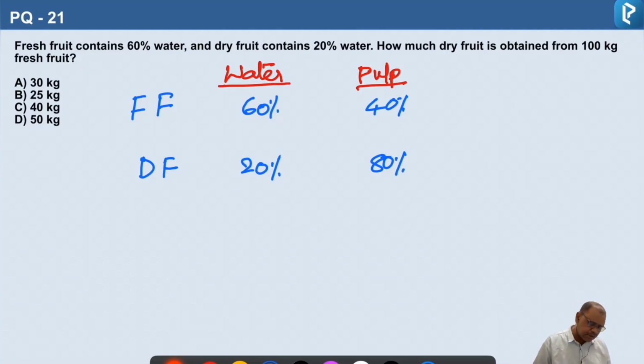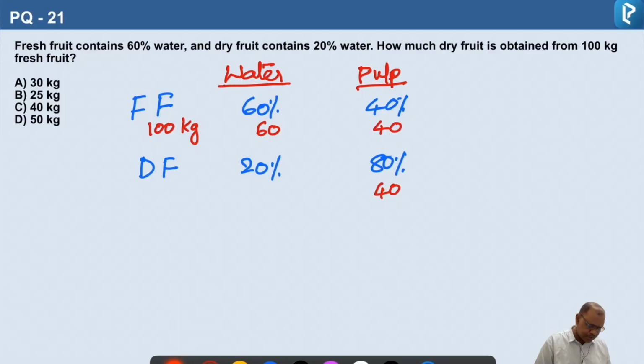Now, how much dry fruit is obtained from 100 kg of fresh fruit? Fresh fruit is 100 kg. Out of this, 60 kg will be water and 40 kg will be pulp. When you take out the dry fruit, the quantity of pulp remains the same, 40 kg.